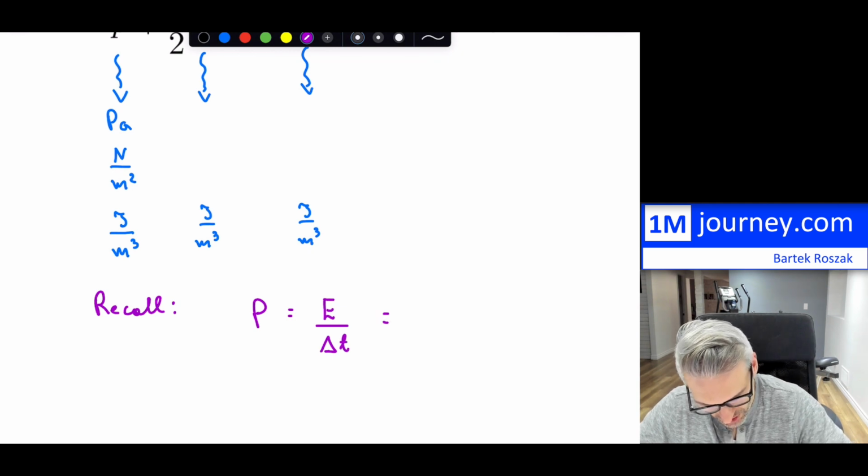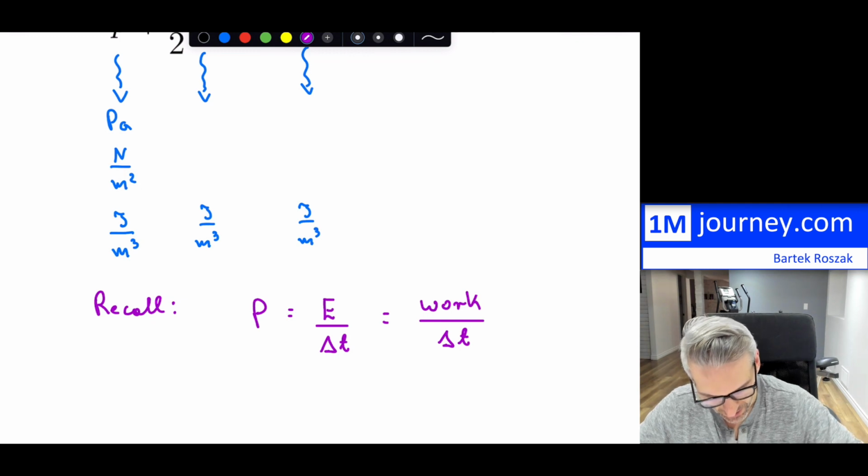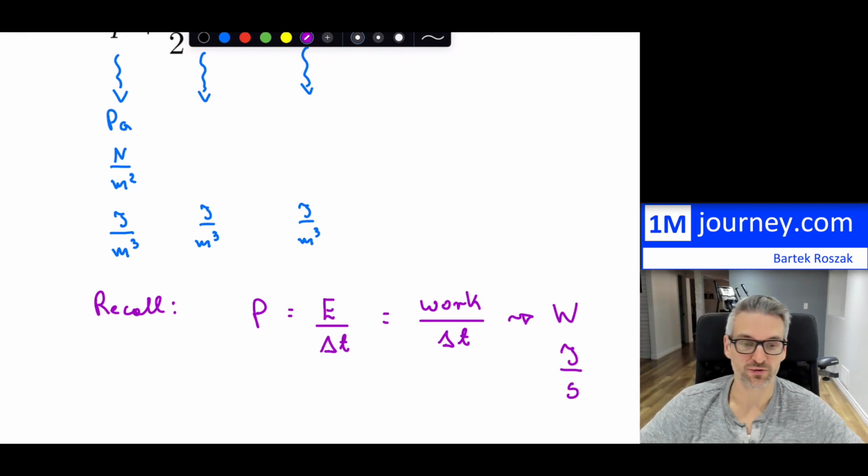This can be captured in terms of the amount of work you put in over the amount of time that passes by. The unit, watts in SI units, is nothing else but joules per second. That is the actual definition of a watt.